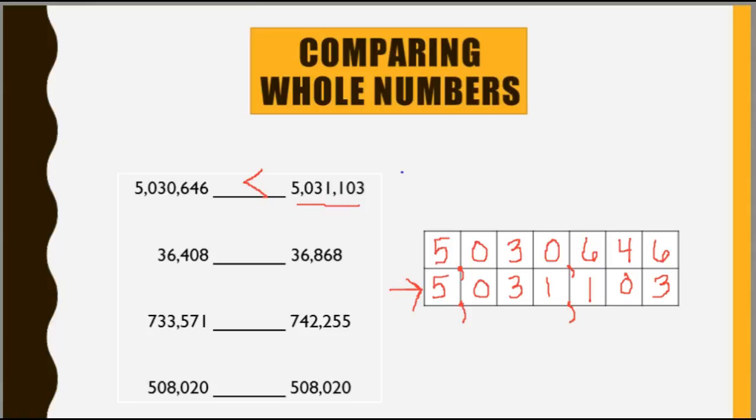Okay, so now the tricky part is really, the easiest mistake to make is not lining them up by the place value.